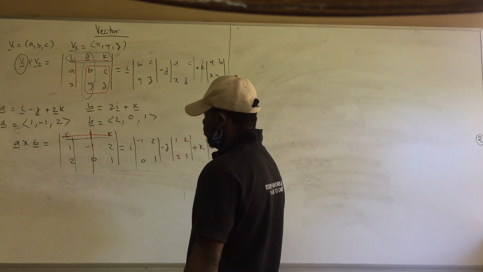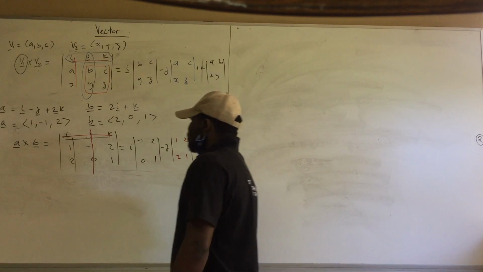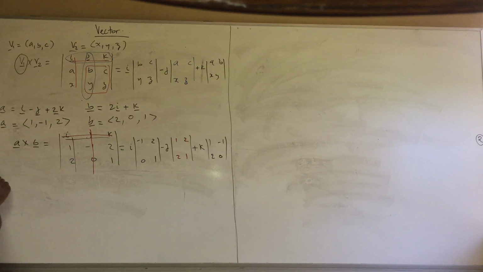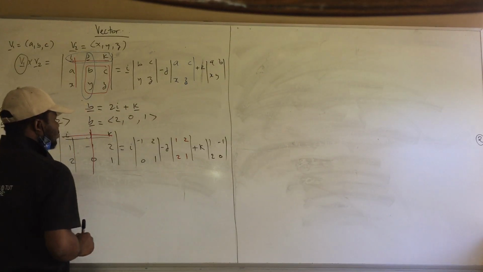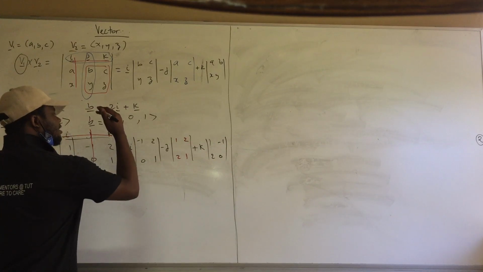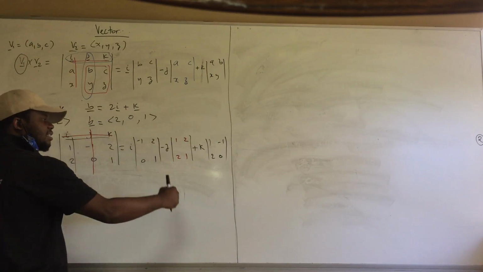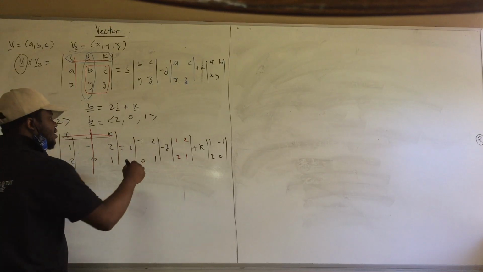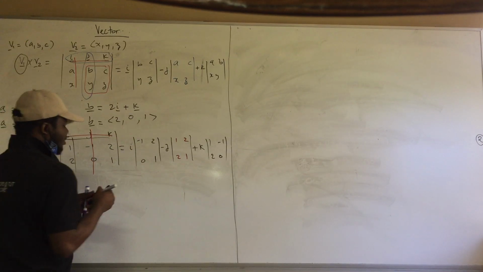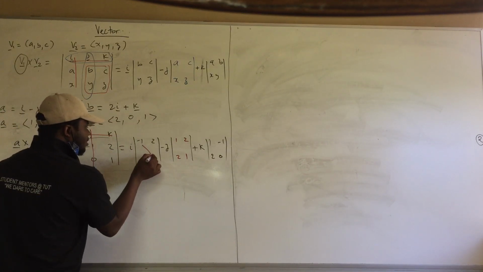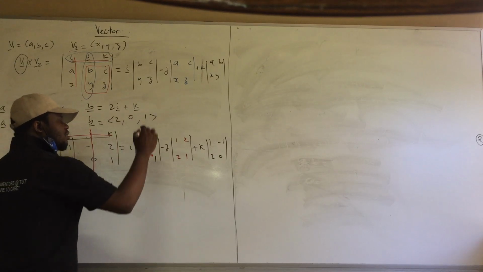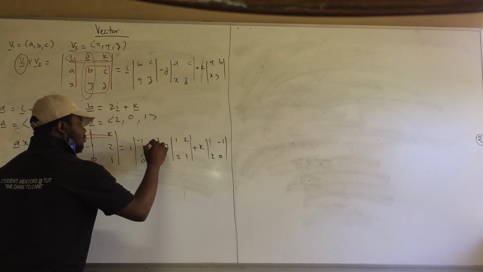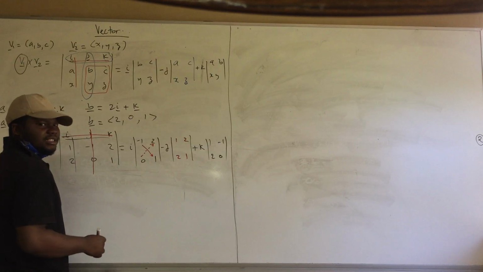Let us solve. I believe you guys know how to solve the determinant, but I will do the full steps. In a determinant, you multiply like this and then subtract like that. This is 1 multiplied by minus 1 multiplied by 1, and when you go this way, you have to put minus first.